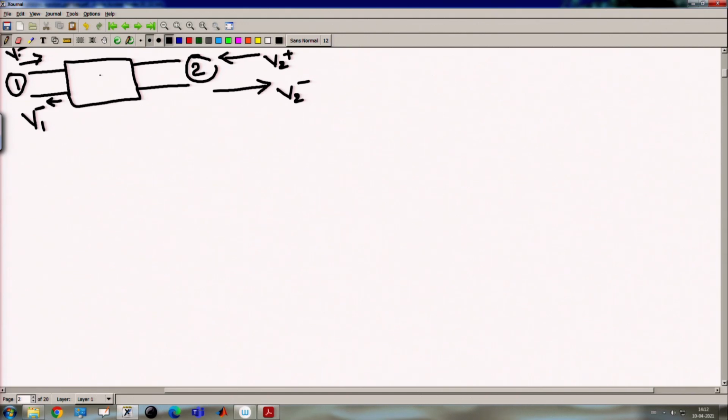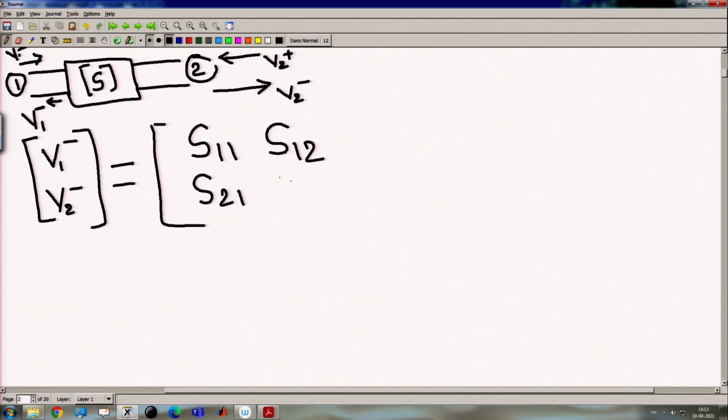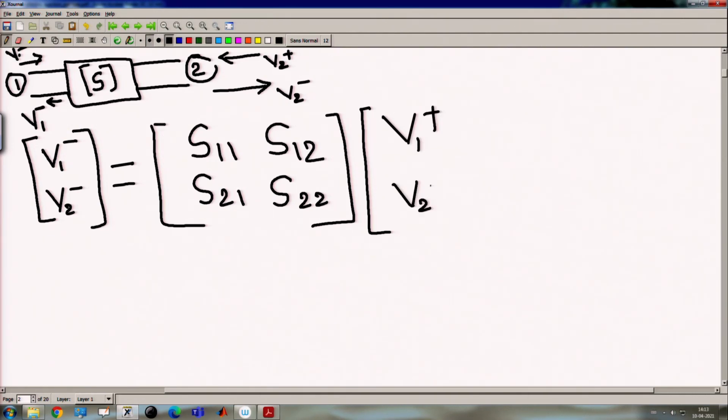For this network, the S parameter relation can be defined with V1 minus and V2 minus in matrix format equal to the S parameter matrix S11, S12, S21, S22 multiplied by V1 plus and V2 plus.